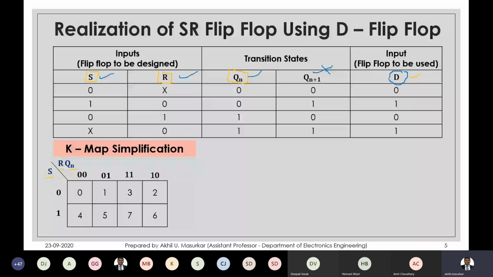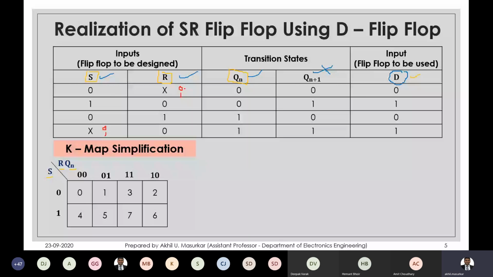Now how to fill the K-map? So let us see here. First condition is 0, x can be 0 or 1. Here x can be 0 or 1. So first condition of SR would be 0, 0 and 0. 0, 0, 0 is 0.